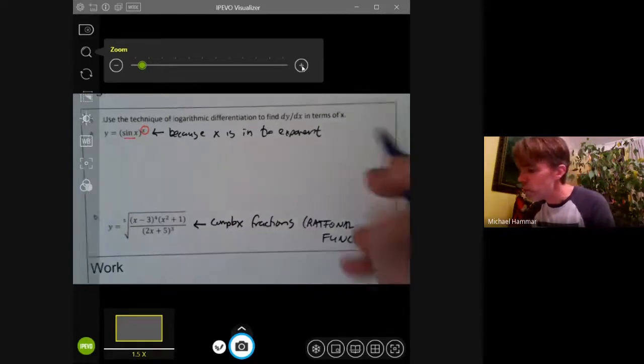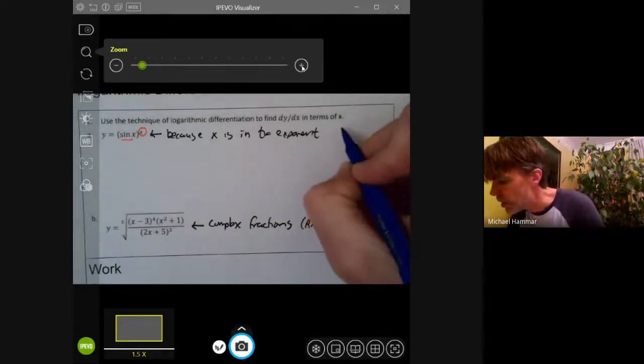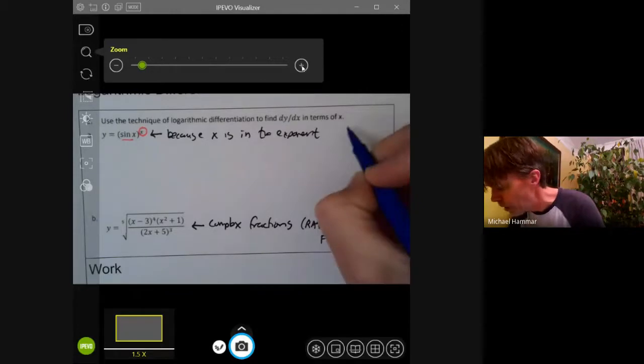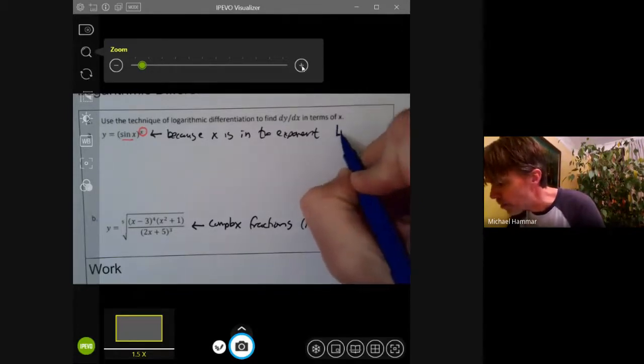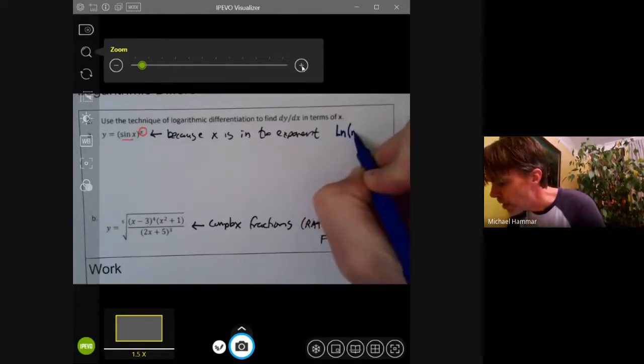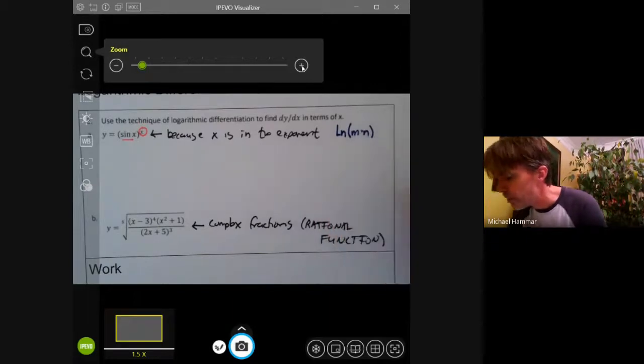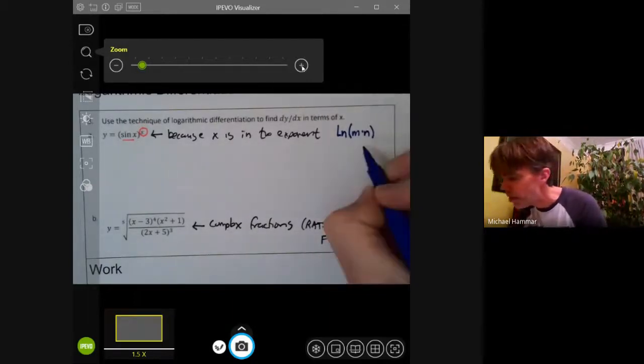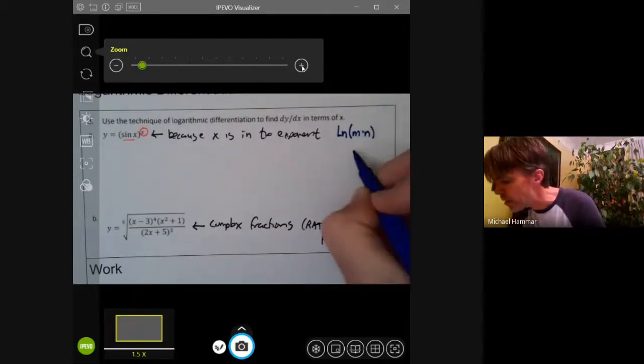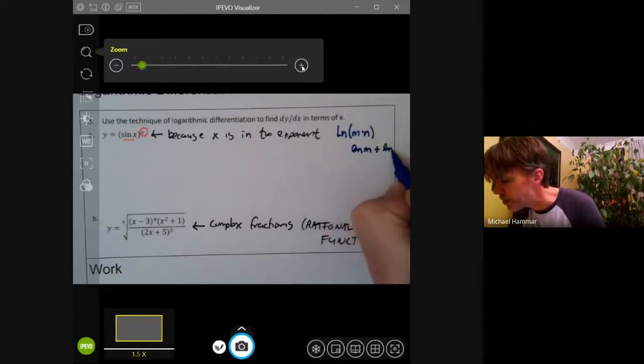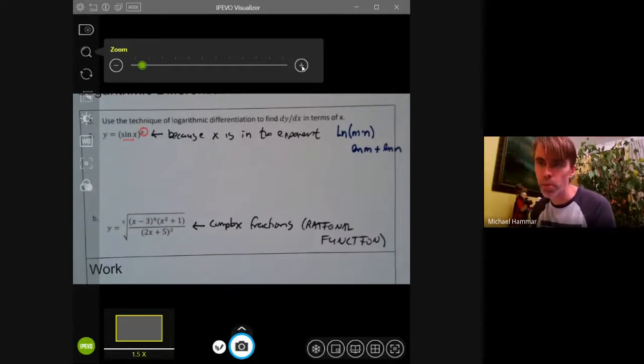Now, please remember, there are some rules that you need to know. For logs, if you have two functions being multiplied together, remember you can split them up into addition. That's really important.